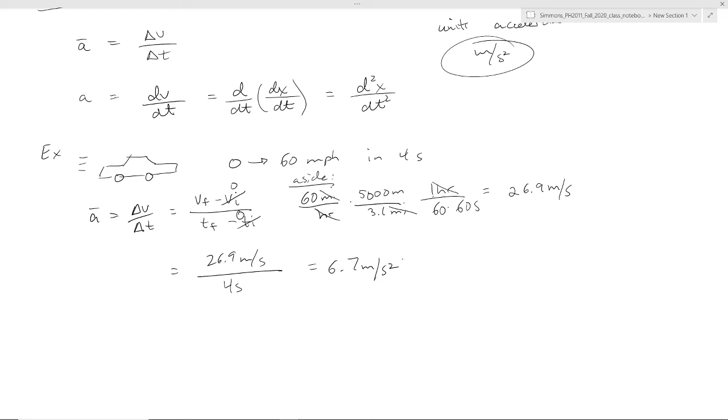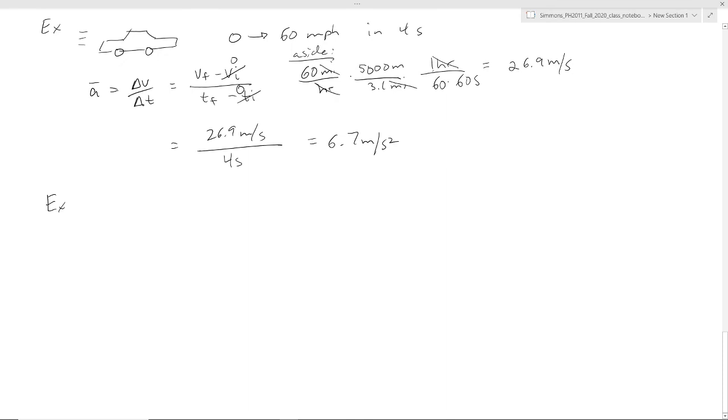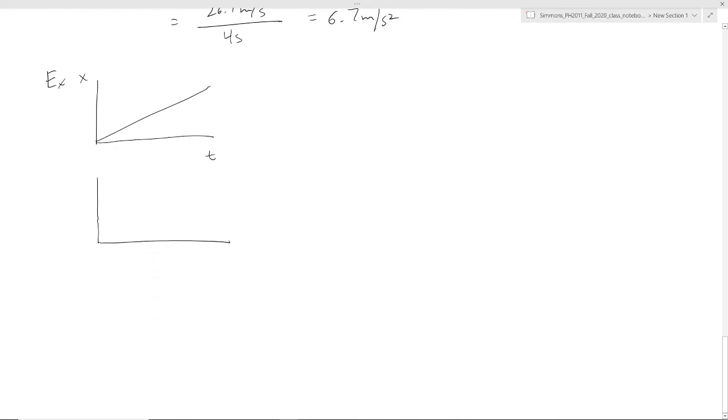One other graphical example, just to fold in acceleration as well. I've told you that the acceleration is the slope of the velocity. So suppose we have some x as a function of t graph that looks like that. Well, what would the velocity of this be?